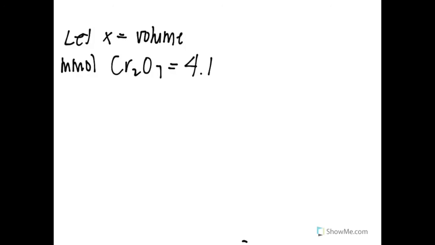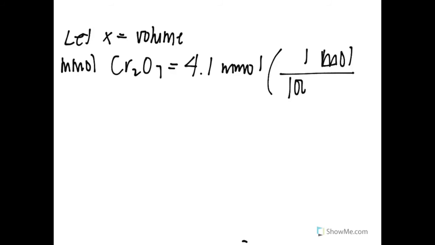So 4.1 millimoles multiplied by 1 mole over 1000 millimole, to cancel this one, multiplied by the molar ratio of the iron and the Cr2O7.